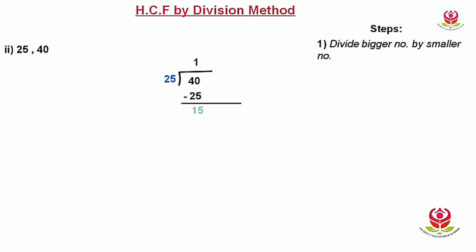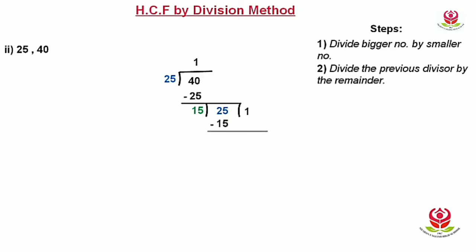Now remember the second step. The second step is you have to divide the previous divisor by the remainder. So our previous divisor was 25, so we divide it by 15. So one time, so we get 25 minus 15, so our remainder is 10.